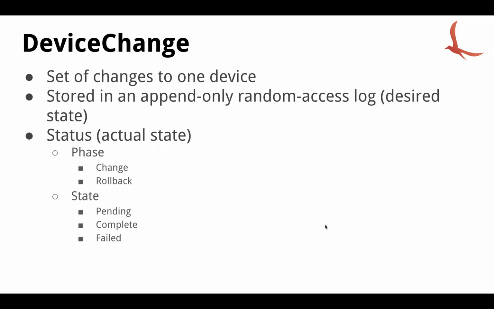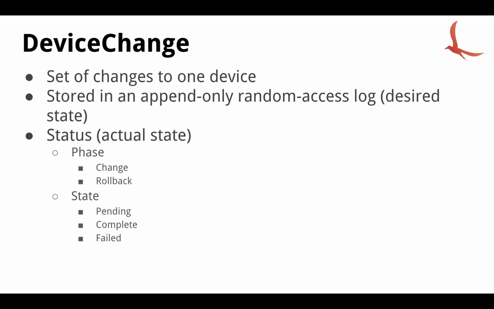And then the network change controller is basically managing device changes. And so for each device, there's also a separate change log, which is also stored in an indexed map. So it's just a log of changes to a specific device. And it has the same basic status as the network change.